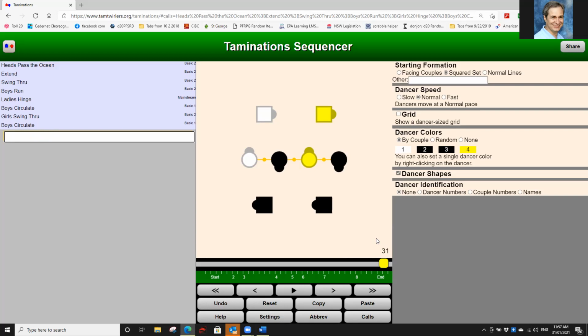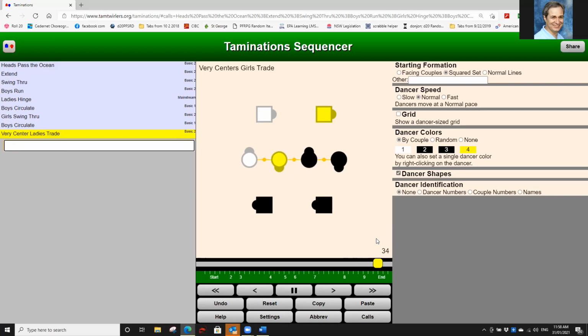So if we just have the very centers trade, one person crossed the square. We've just converted this.